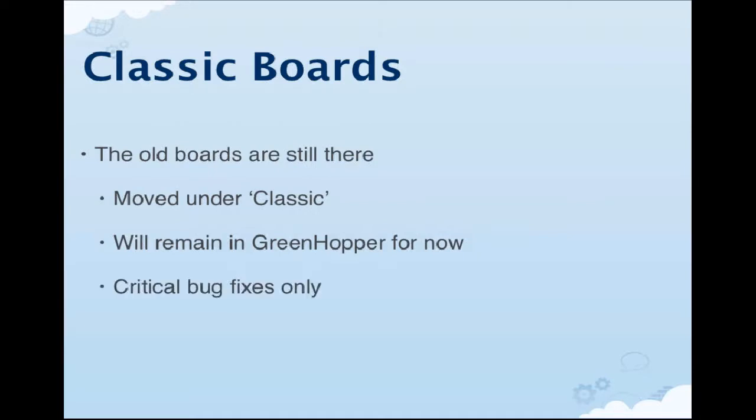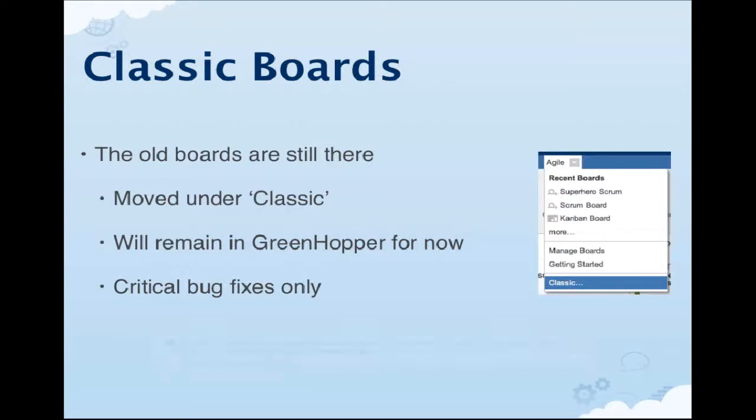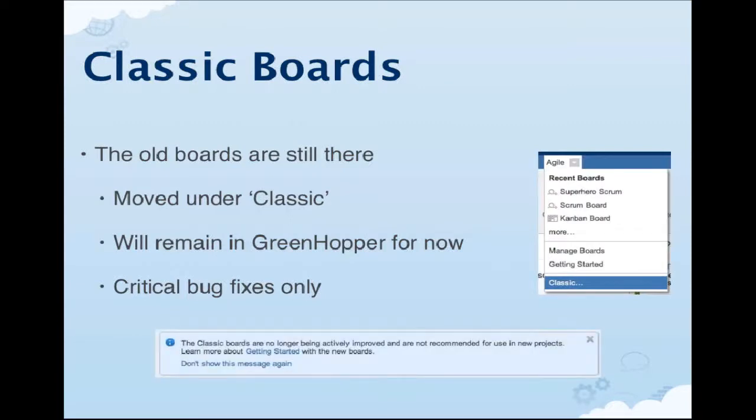We won't be doing any more feature work on the classic boards, so it is important to make sure that the teams you're working with are moving on to the new boards so that they can get those new features. This is where you can find it, and you'll also notice that on the classic boards now there's going to be a slight warning for the people who access them, just to let them know that we're no longer recommending these for new projects. If you're starting a new project, it's probably a good idea just to jump onto the new boards.